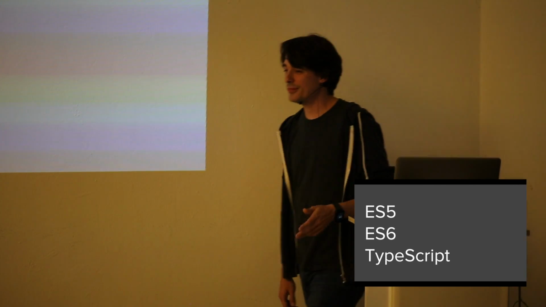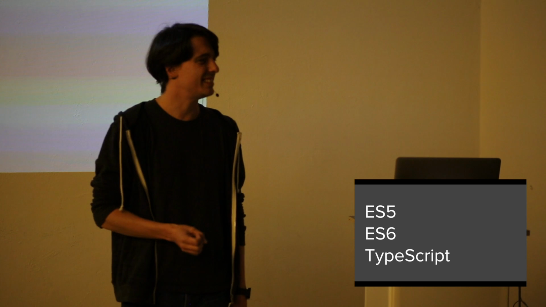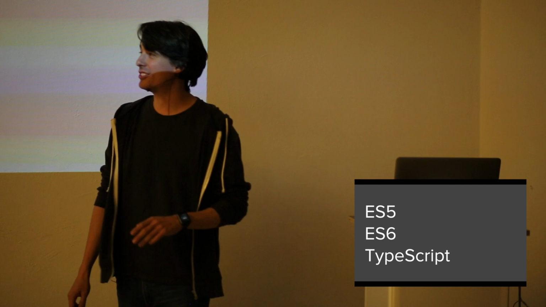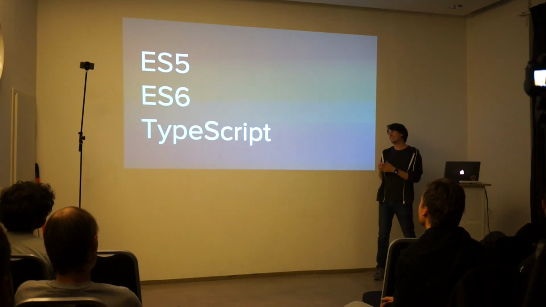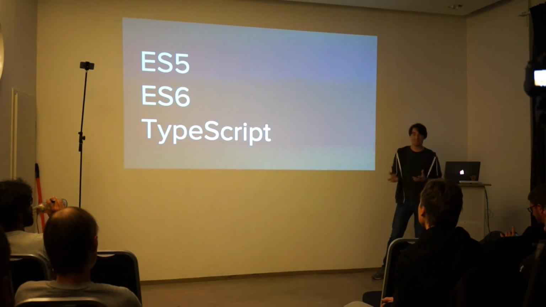So with Angular 2, you have choice. You can use ES5, which is regular JavaScript, the JavaScript that everyone is using. ES6, or what's the version, ECMAScript 2015, or TypeScript. So you can decide what it is that you want to use. There are some options that you have and like some difficulties, of course.